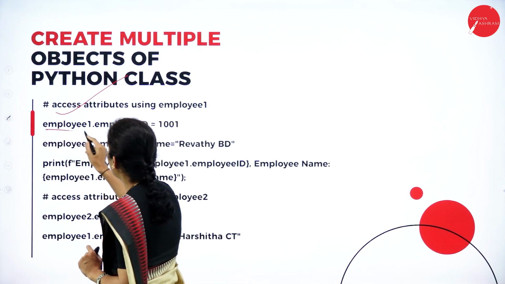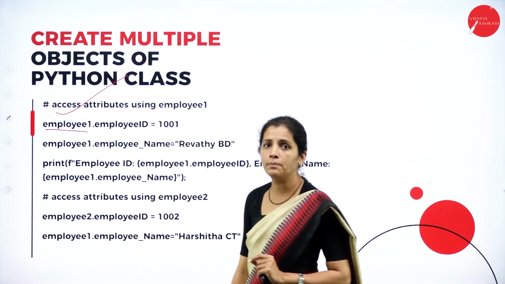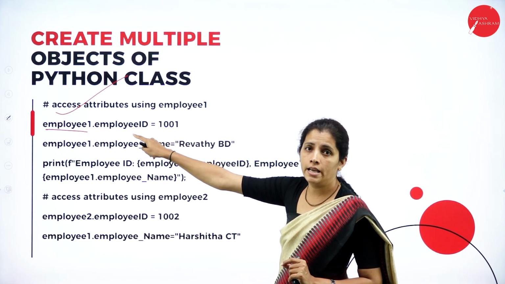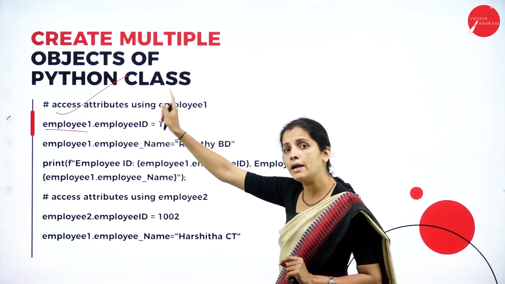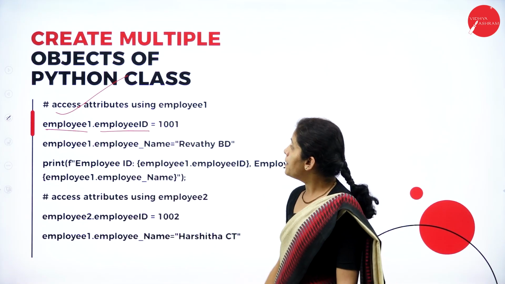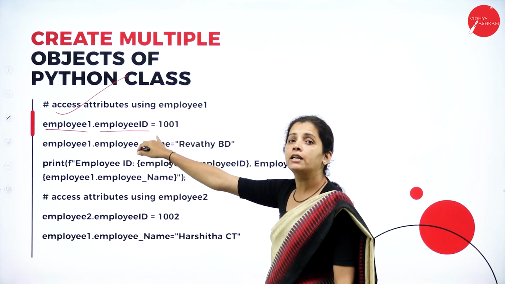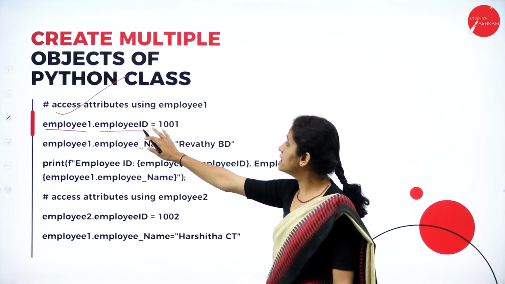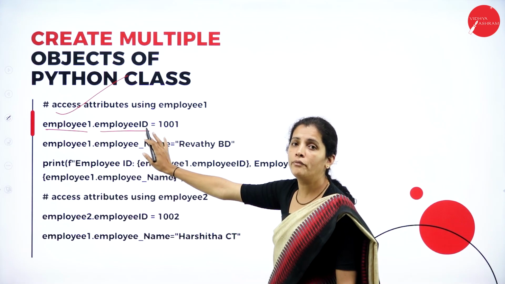So here employee1 is nothing but my object name. Then what about employee ID? Employee ID is nothing but the attribute, or it's nothing but the data member or field.